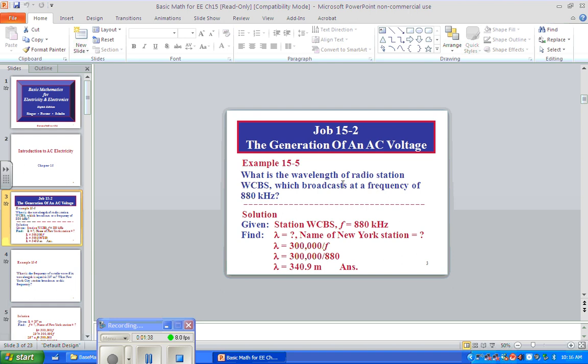Either one of them, you take the number 300,000 and divide by what you know, and it'll give you the thing you're looking for. Is that pretty simple? Everybody say yes. So now you can find frequency or wavelength, right? So if a radio station is broadcasting at 880 kilohertz, then you can divide 300,000 by the kilohertz, and it will give you the meters of the wavelength.